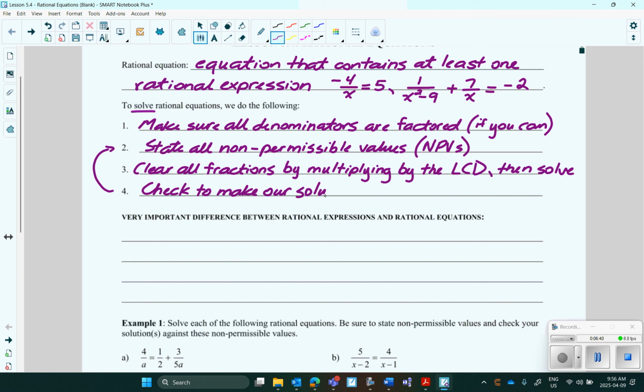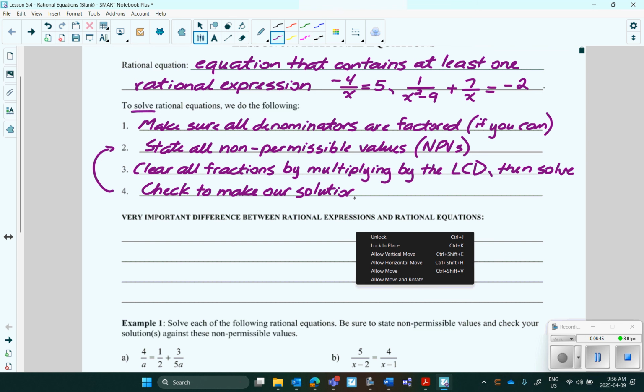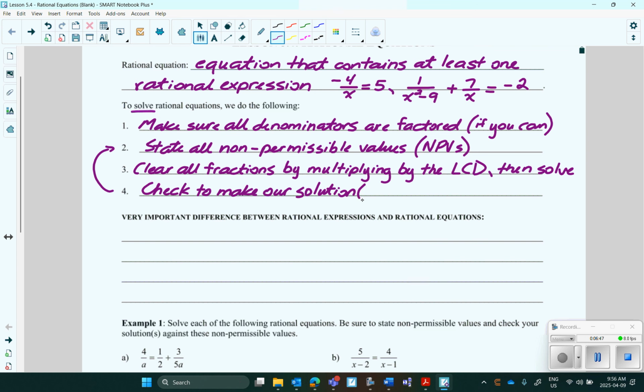One thing that we've done in grade 11 this year when solving equations, we've been solving a lot of equations where there's been more than one answer. So we need to make sure they are not NPVs. Because if it is, it's not a solution. It can't work.